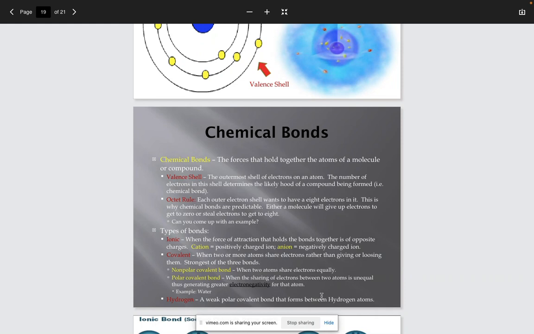This creates a strong electronegativity attraction. And then we know that covalent bonding is just an equal sharing of electrons. So technically, water has two different types of bonding. So you have a hydrogen bond between the oxygen and the hydrogen, and then you have a polar covalent bond between the oxygen molecules due to the difference in electronegativity.